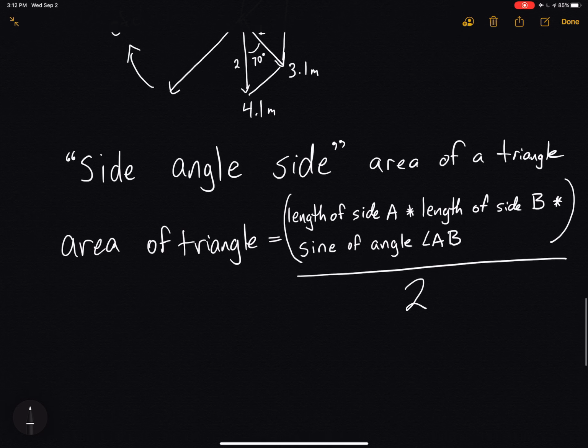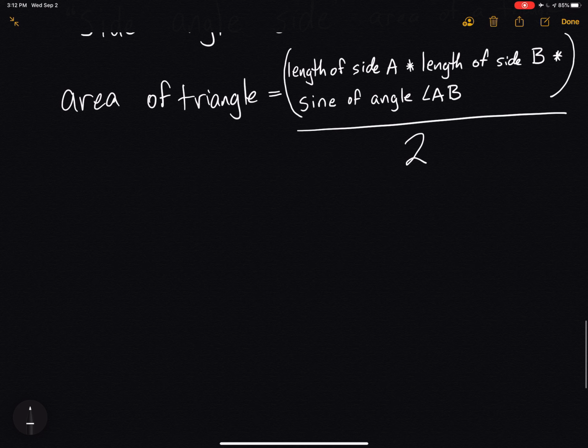Okay, so we've written it out in kind of long form here for you, so for those of you who absolutely hate math, we can just kind of talk our way through it.